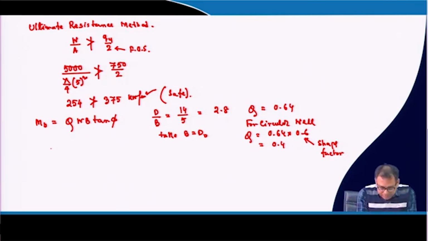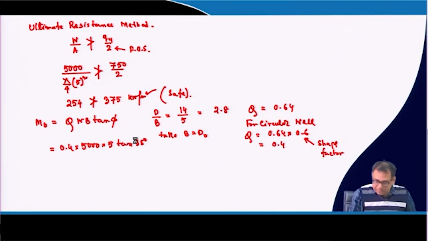So, now if I put these values, so this is 0.4, W is 5000, now B is equal to D0, so that is 5 into tan 35 degree. Okay.